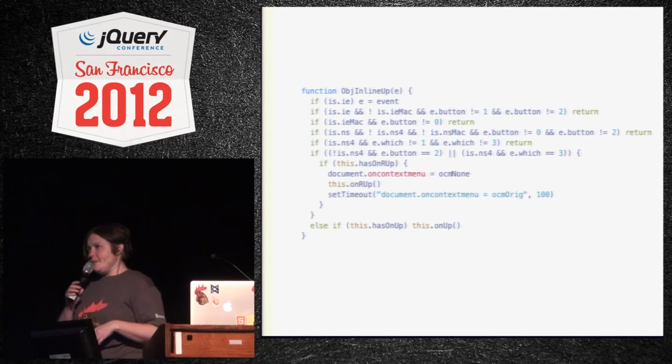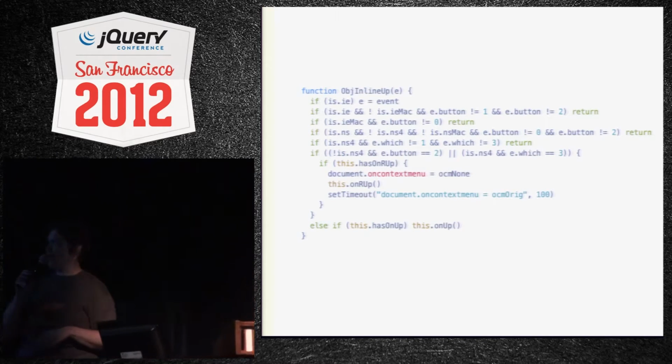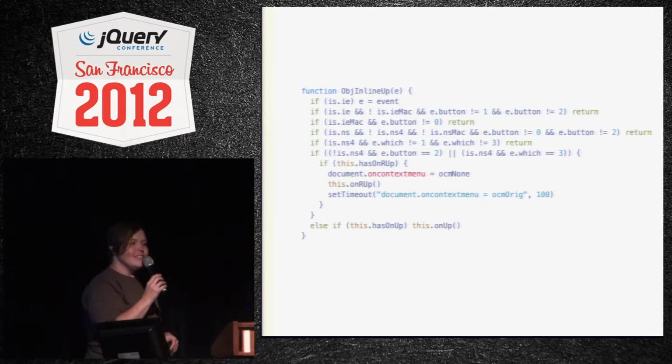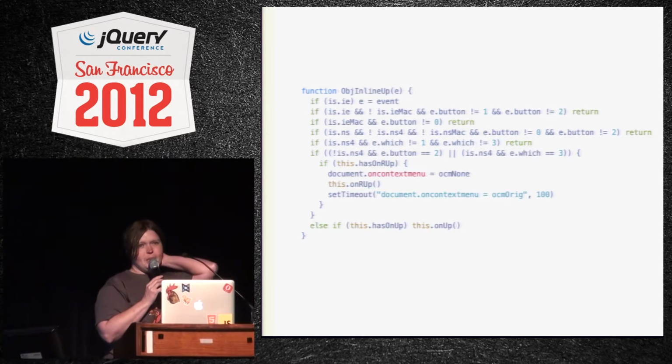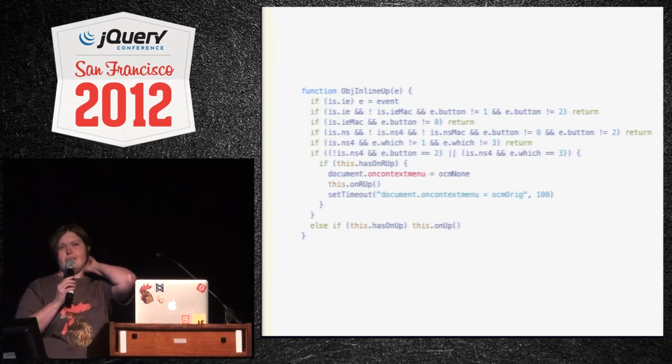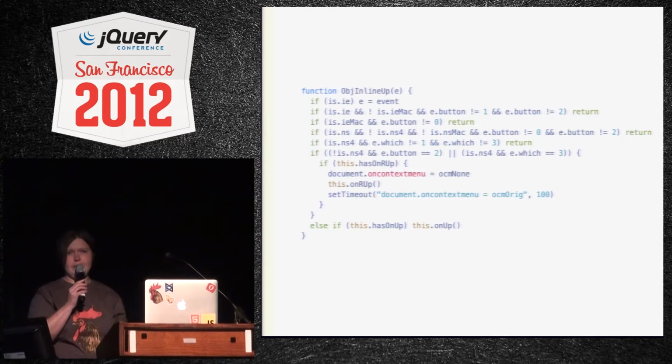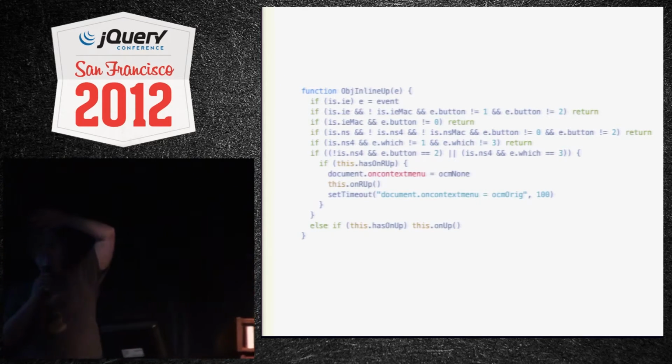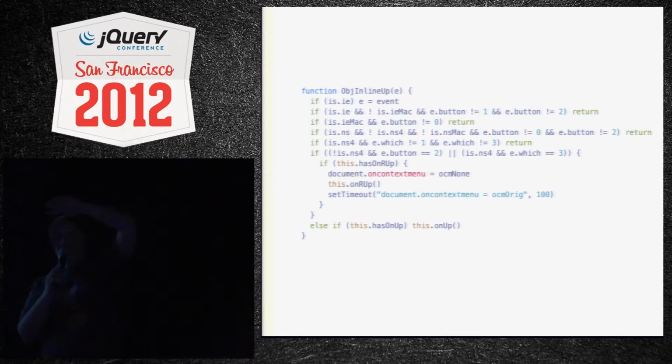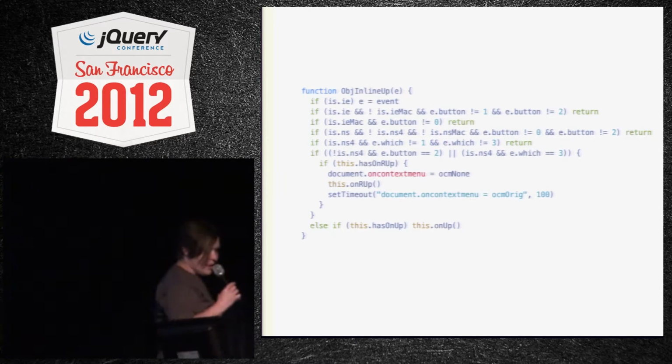Before we talk about that, though, I want to talk about where we've come from, which is this. How many people were writing JavaScript before jQuery came along? All right, about 30% of you maybe lived in that terrible, terrible time.